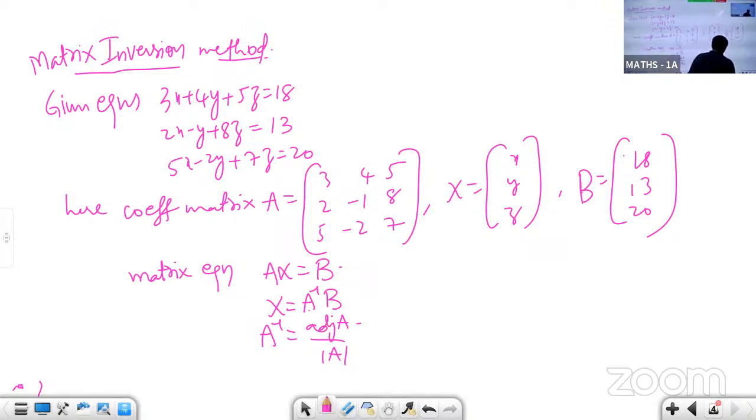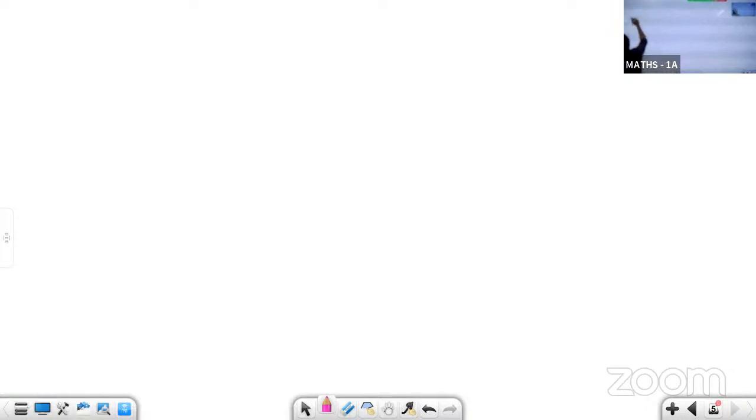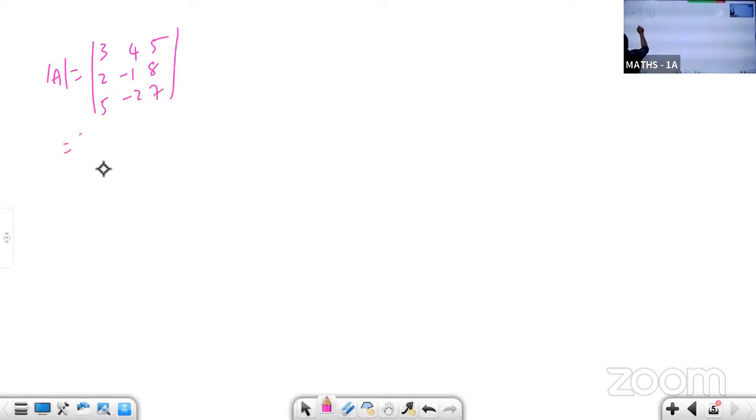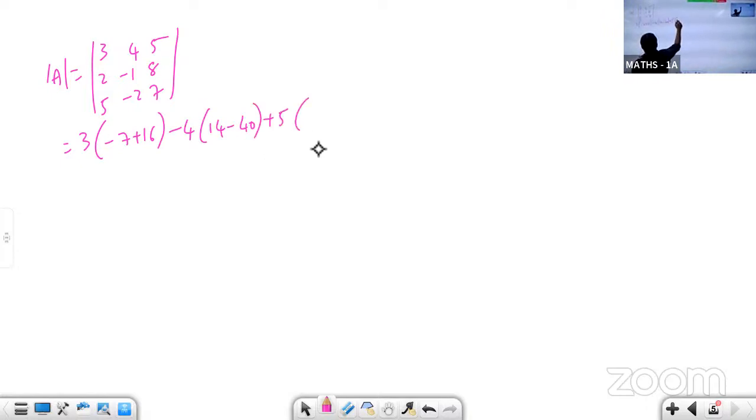So first thing what you are going to do is det A, determinant of A, that is determinant of 3, 4, 5; 2, minus 1, 8; 5, minus 2, 7. That is 3 into minus 7 plus 16, minus 4 into 14 minus 40, plus 5 into minus 4 plus 5. So what am I going to get here?